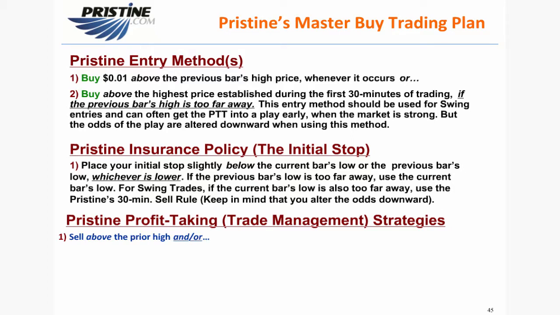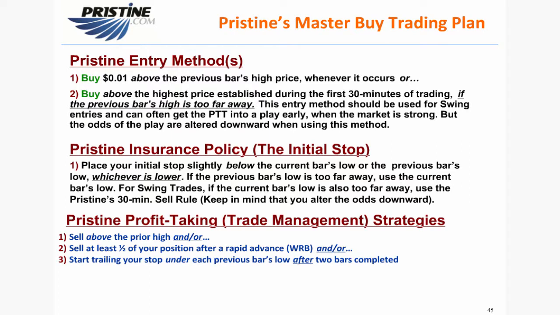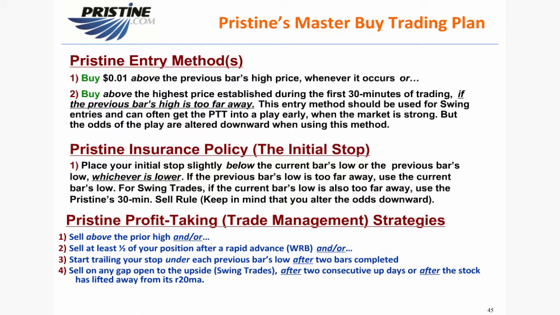Whether that's selling above the prior pivot high and then using a bar by bar trail for part of the position, or using pivots to manage if you believe that this particular stock has room to continue trending for the day. Whatever the case may be, you've got to determine what management rules you want to use.